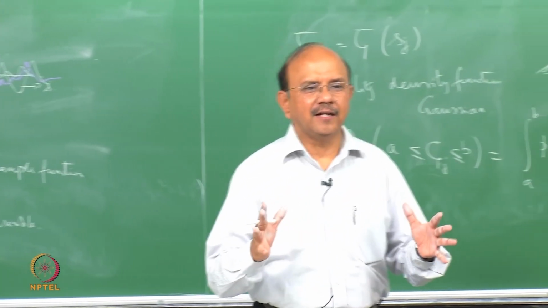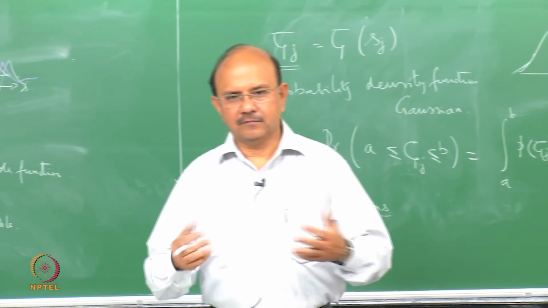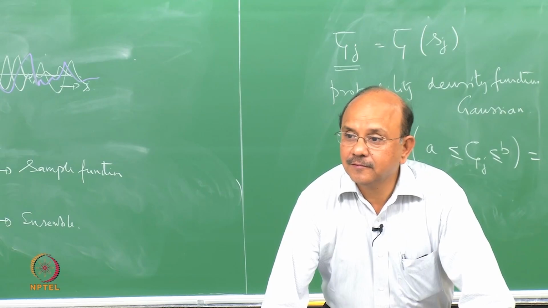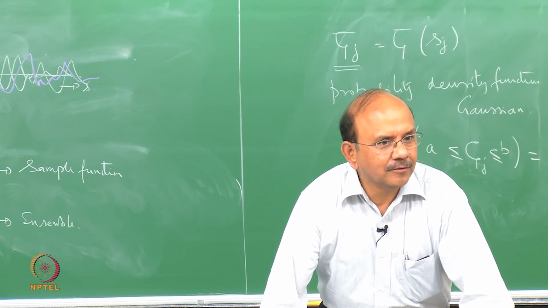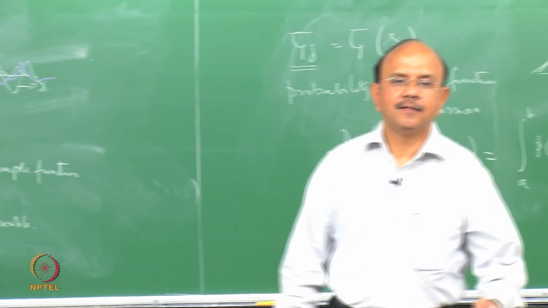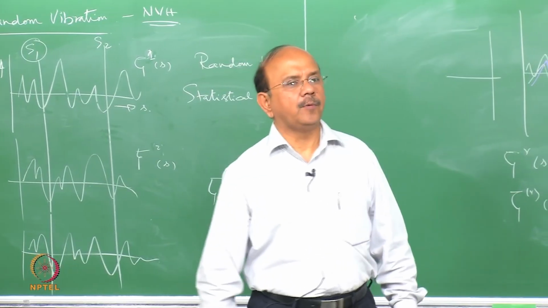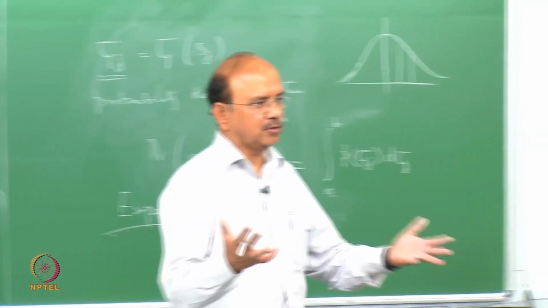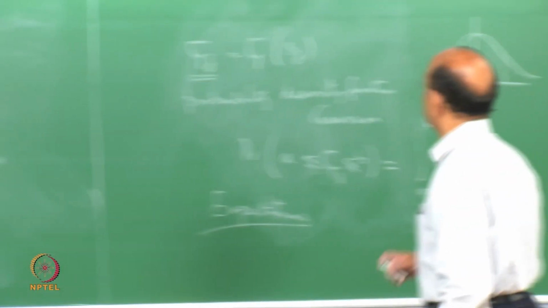How would you calculate the expected value, as it is called, the average or the mean value? It's an unbiased dice. What is the probability that I'll get 1? 1 by 6, and 2, 3, 4 are each 1 by 6. So the probability that I get any one of these numbers is 1 by 6.